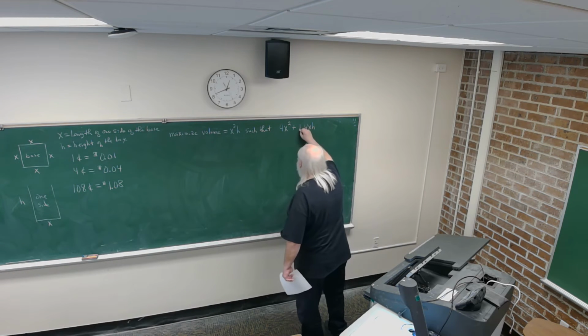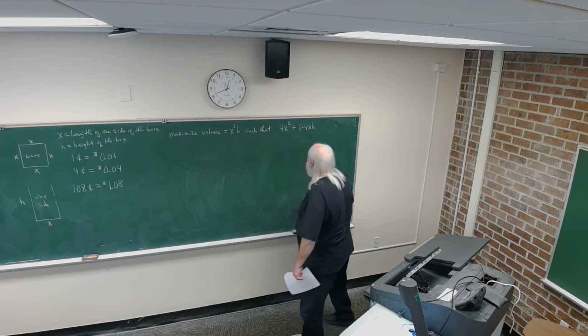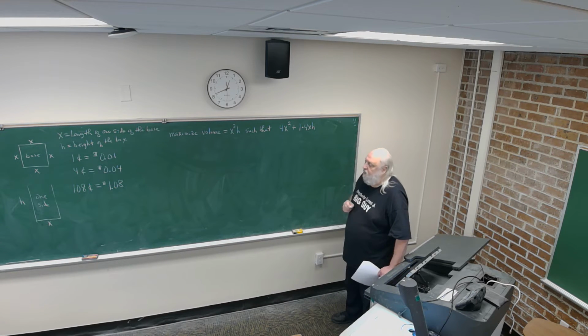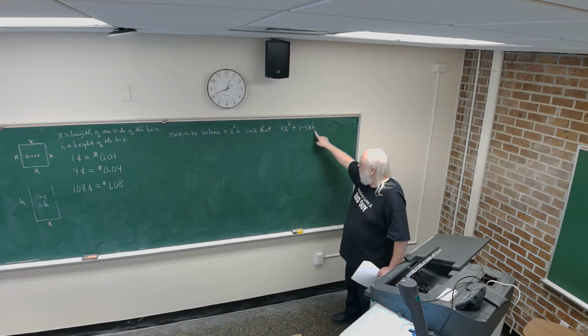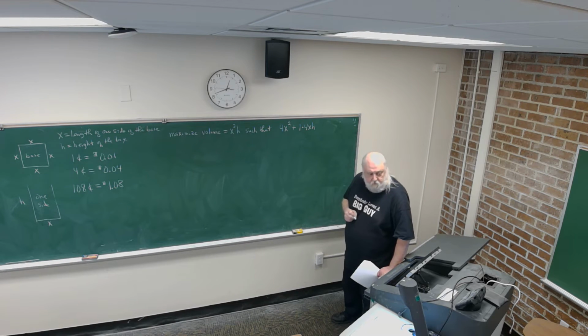So the total cost of the cardboard for the 4 sides is 1 cent times 4XH. This is the total area of the 4 sides, and it costs 1 cent per square meter.